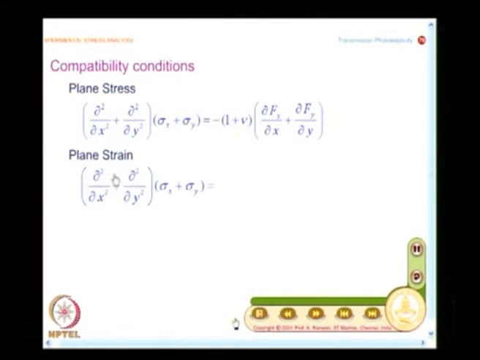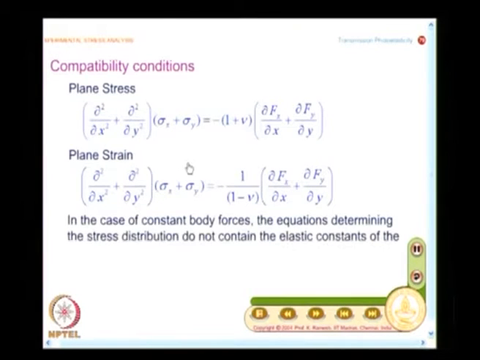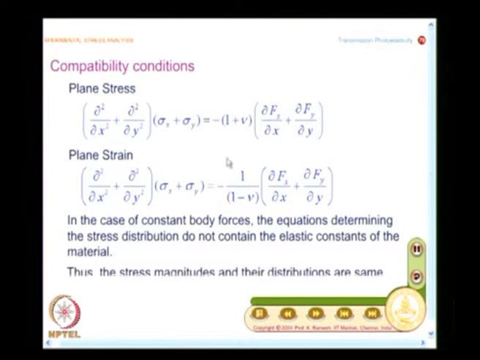When I go to plane strain and find out what the compatibility is in terms of stress components, only the first term on the right hand side changes. Instead of minus (1 plus nu), it appears as minus 1 by (1 minus nu).